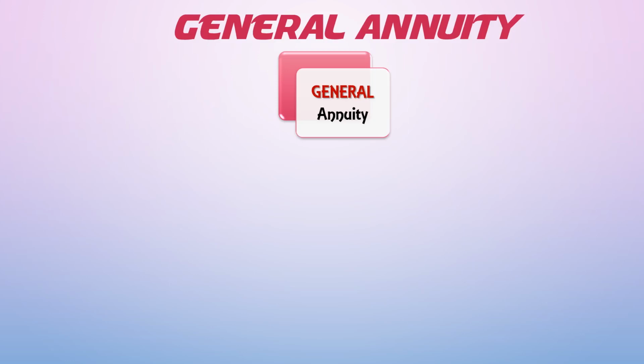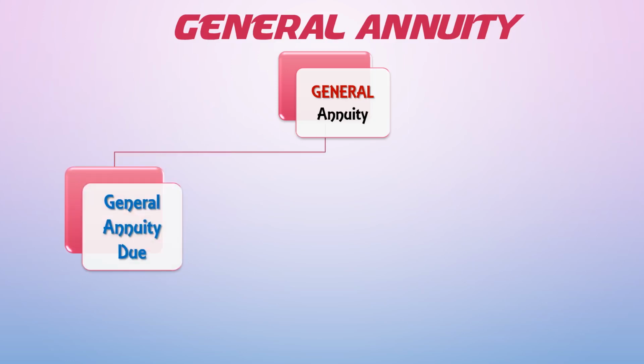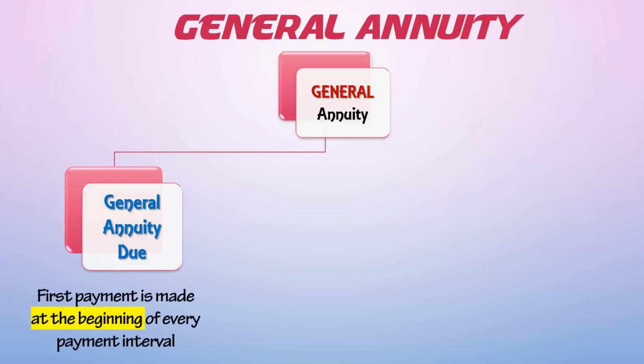Okay, let's move on to the other type of annuity certain. We have the general annuity. We define this one as having a conversion period and payment interval that are not the same, or they do not coincide. So the first subtype of this is the general annuity due. Just like the simple annuity due, the payment here is made at the beginning of every payment interval.